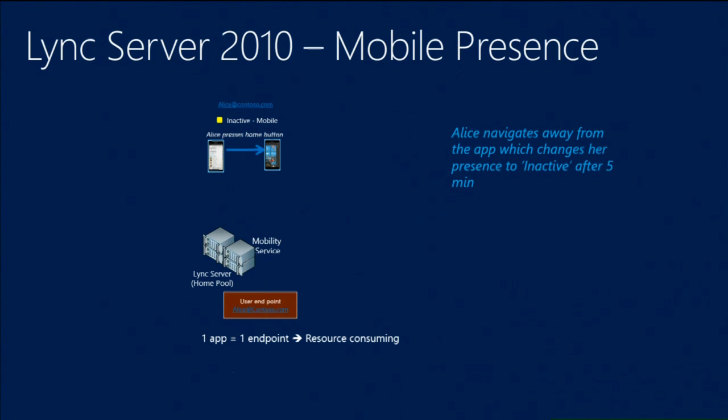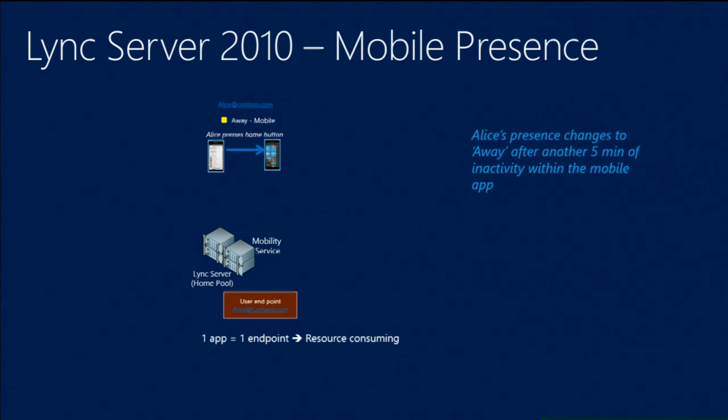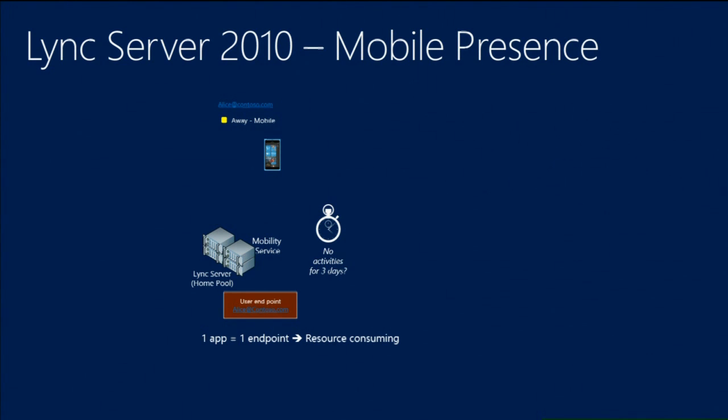So as soon as we went inactive, which means that I don't do anything for 5 minutes in this app, or I use a different app, my service wouldn't be notified, but I'd guess we know that this person isn't using the app at this point, and the user endpoint remains active.